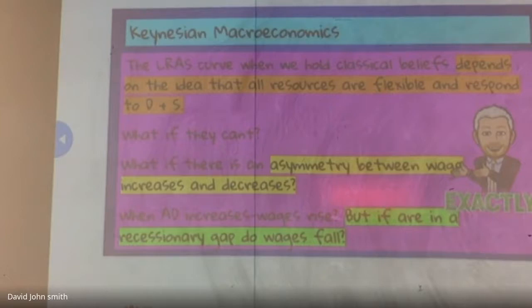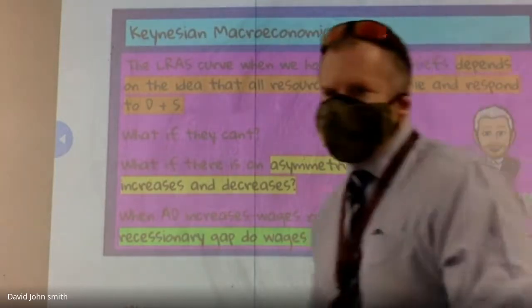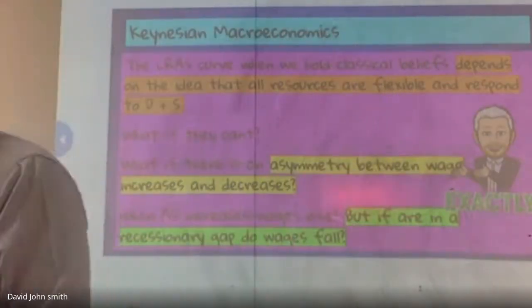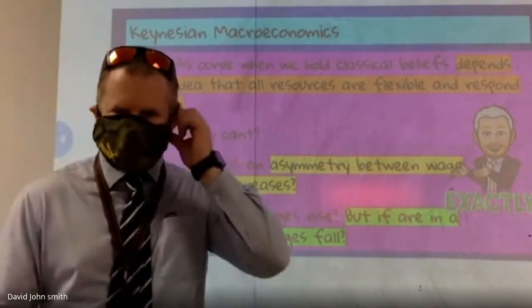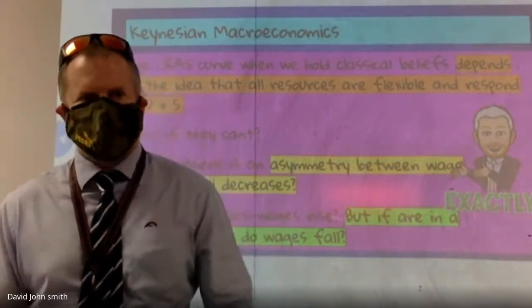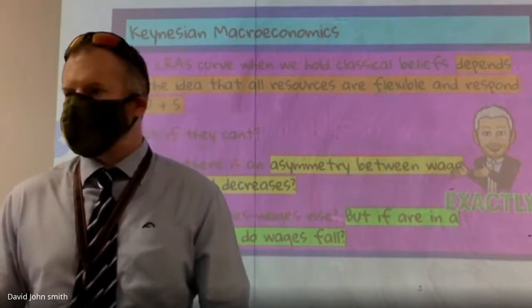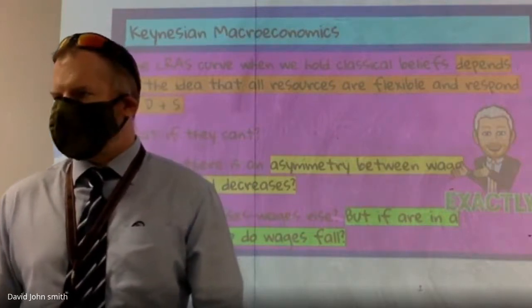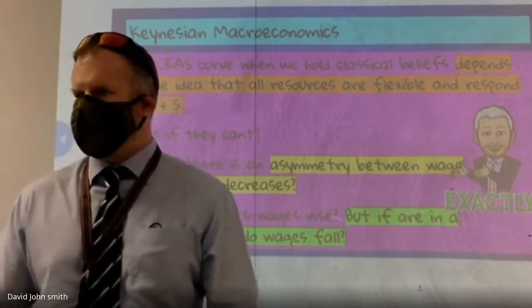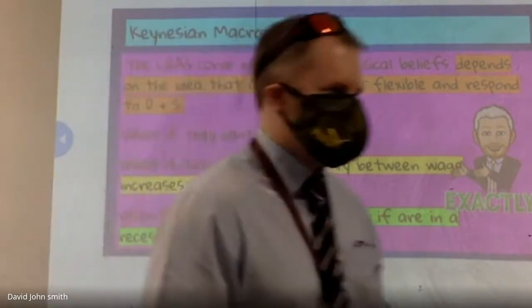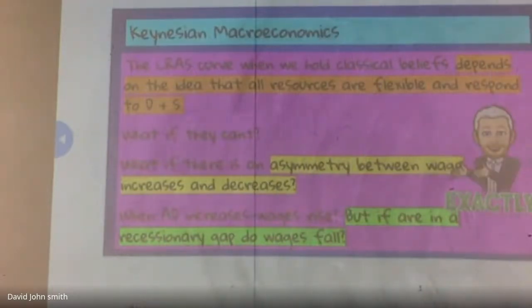That wages tend to only ever go up, even in cases of recession, like we're in at the moment. What you will find is that businesses won't decrease the wages of their staff. What would they do instead? Fire them. Absolutely right. Because they get to save the whole cost at that point.